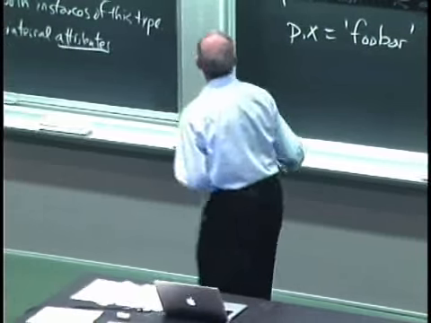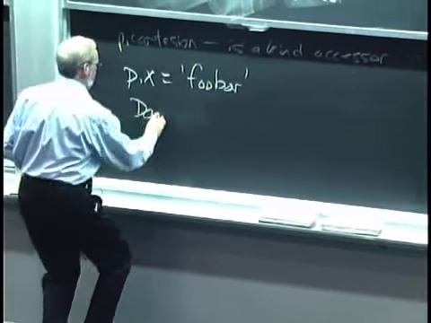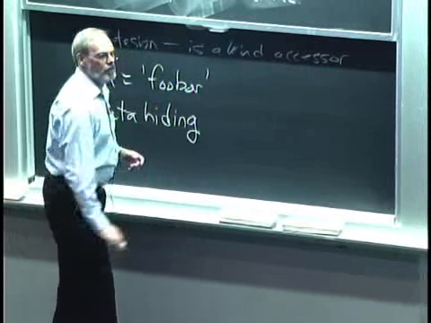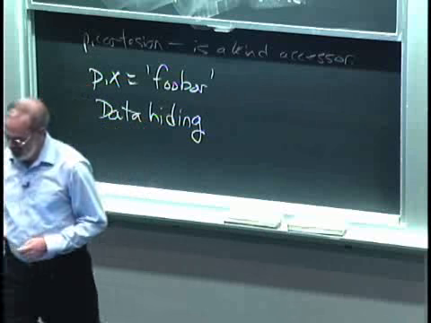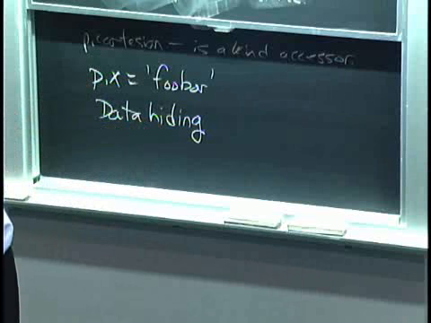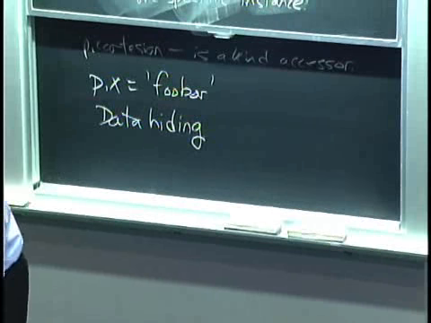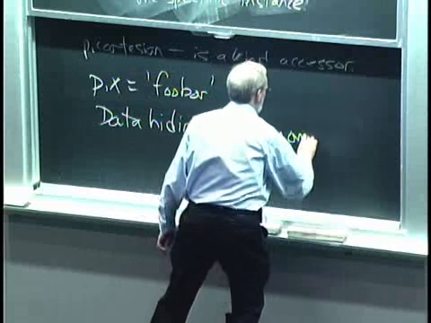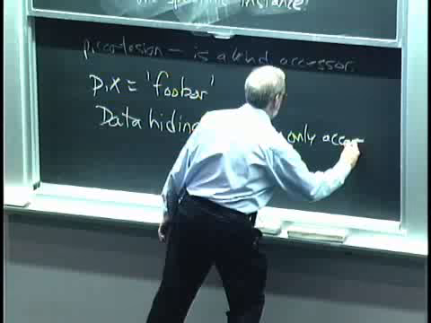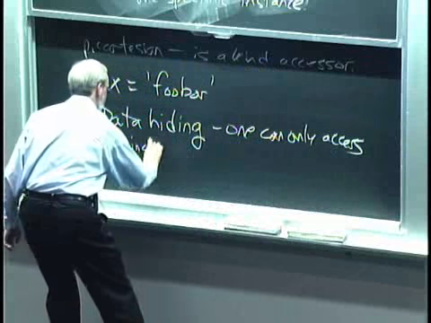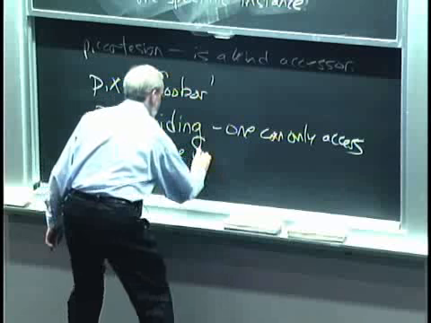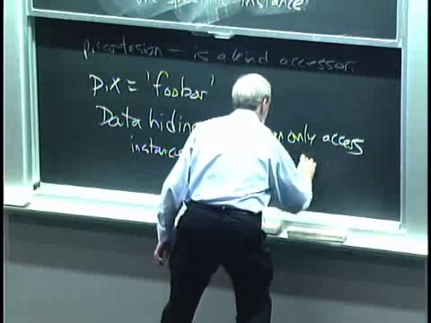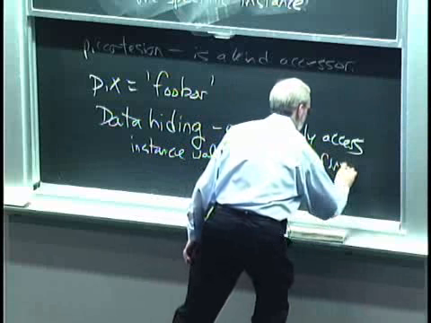And this is because I don't have something I would really like to have. Okay, which is data hiding. So you'll see lots of definitions of this. I think of data hiding as basically saying one can only access instance values through defined methods.